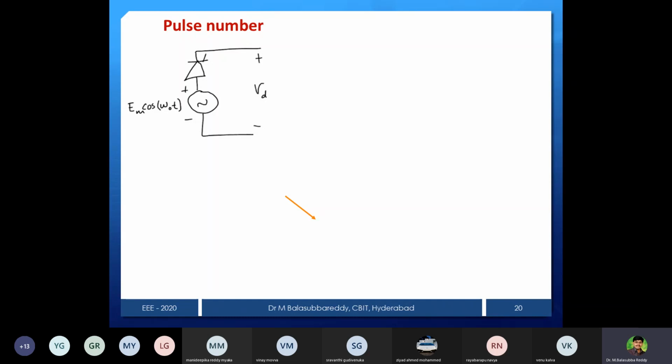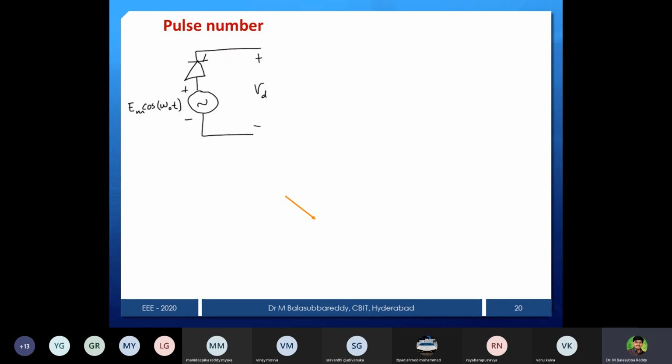In this diagram, whenever the anode is more positive with respect to the cathode, thyristor 1 or valve 1 is conducting. If valve 1 is conducting, then only a one pulse converter is obtained. Our intention is to maintain Vd constant at the desired voltage. That is our only requirement.